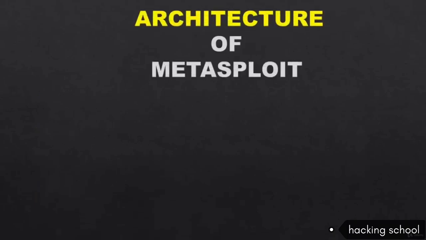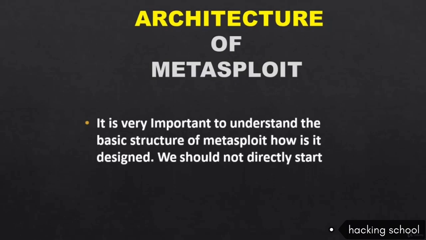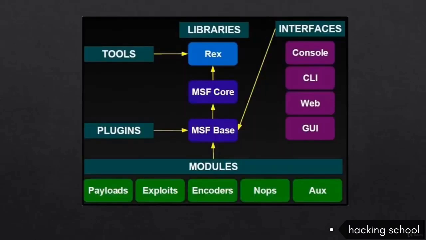Now, the architecture of Metasploit. It is very important to understand the basic structure of Metasploit and how it is designed. We should not directly start with exploiting targets, right? Let's start with the architecture.